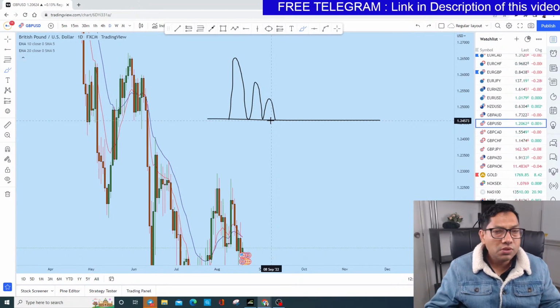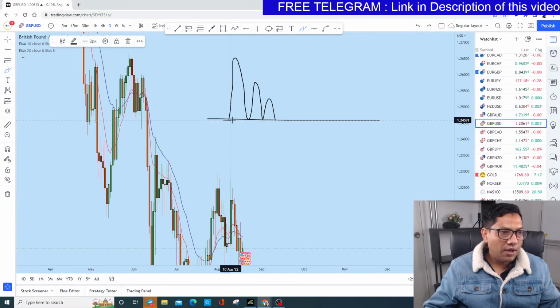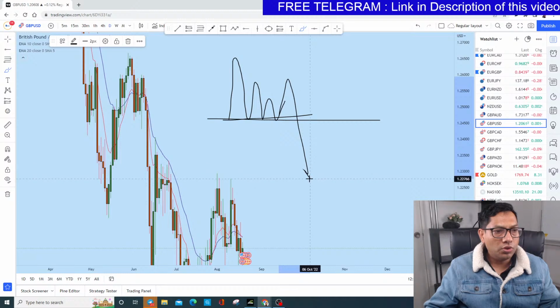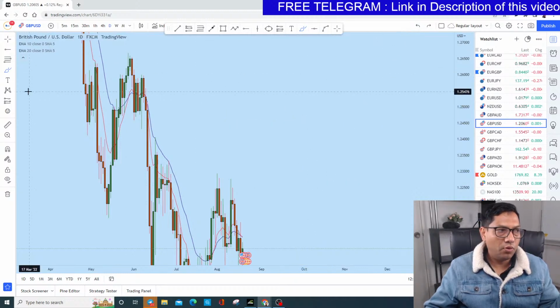That means the bulls are giving up slowly, so the pressure is coming on the level of support. So at some point you might see a fake move, and then you could see that this support has been broken. That's a sign of support breakout.